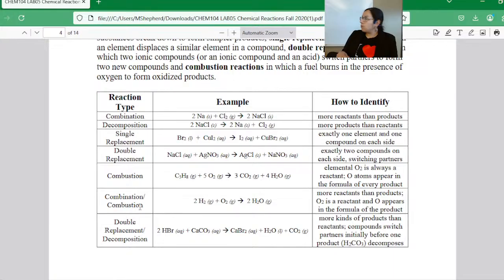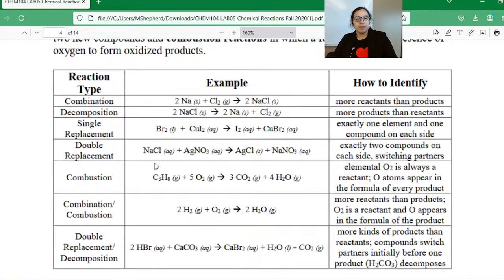We can look at a few examples and then identify them as redox or not.